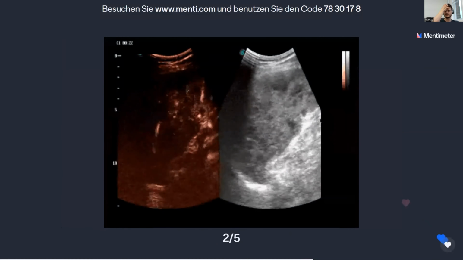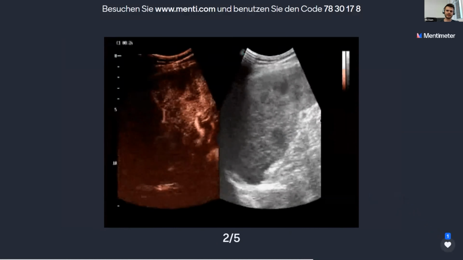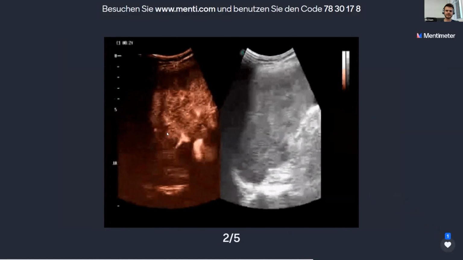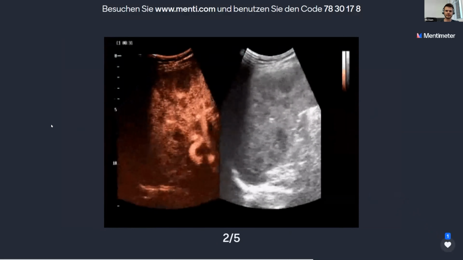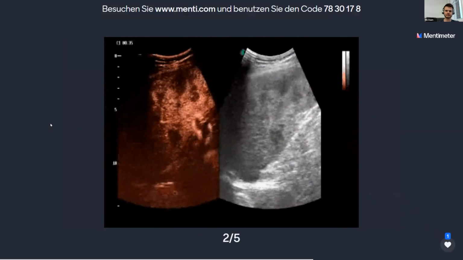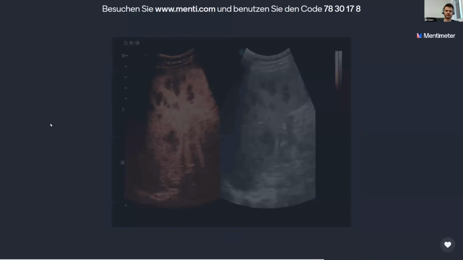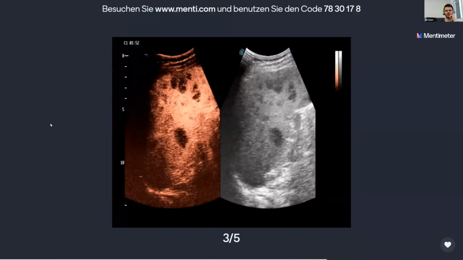This is the second one, also with the source on the left side here. And we have the third picture.